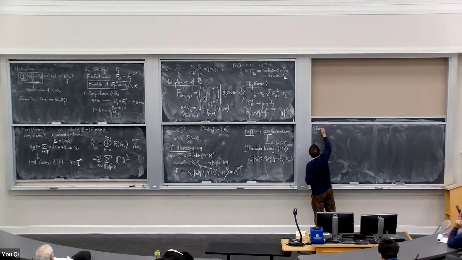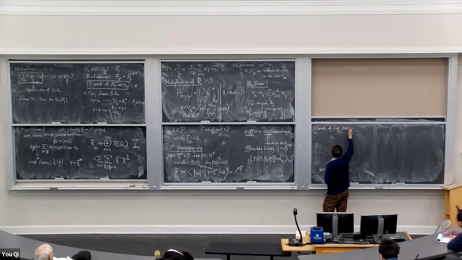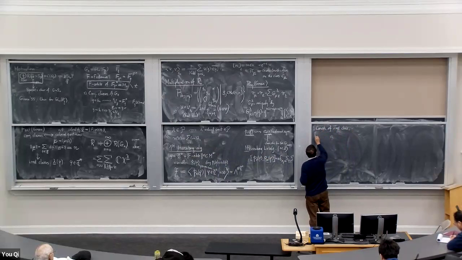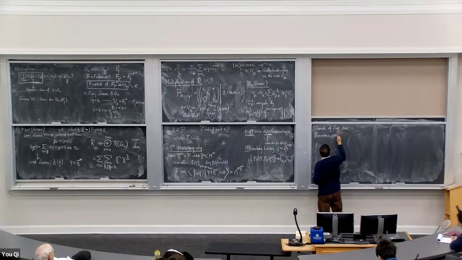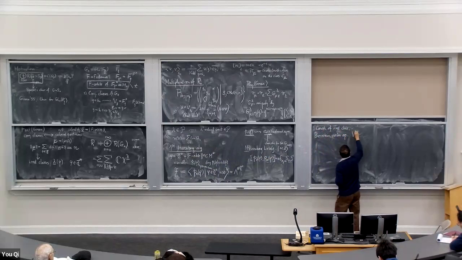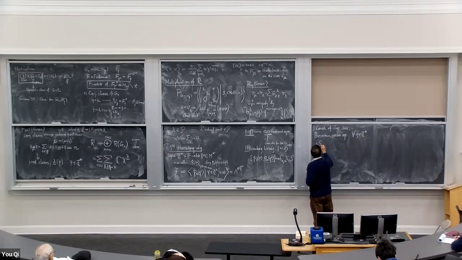So the construction of irreducible: you consider the so-called Bernstein vertex operator. So for each orbit, define this S.